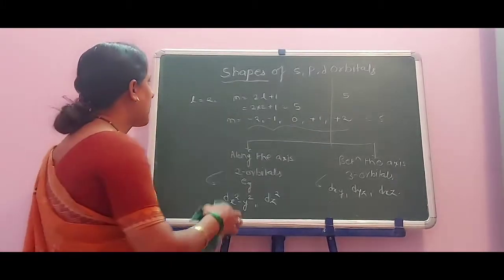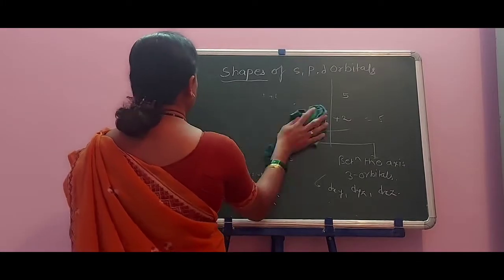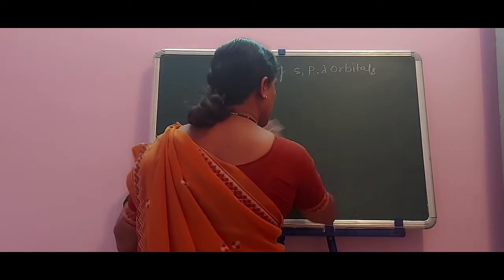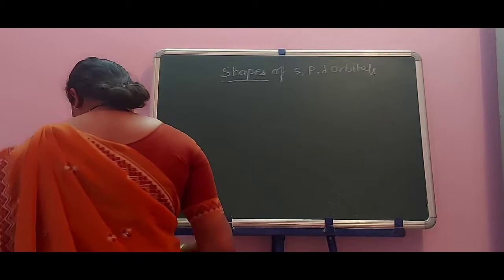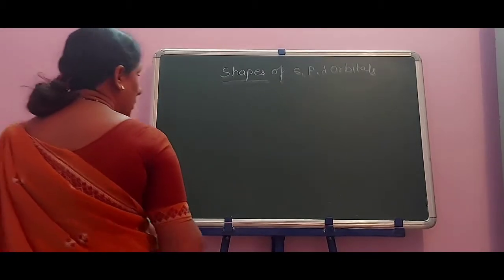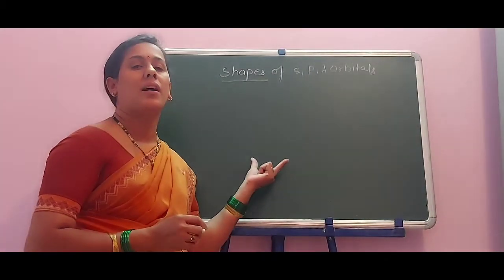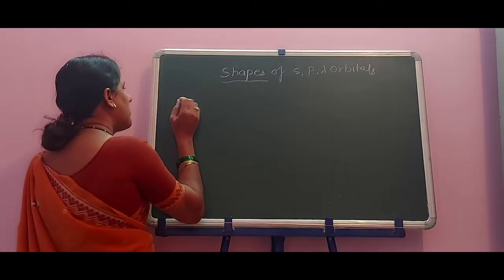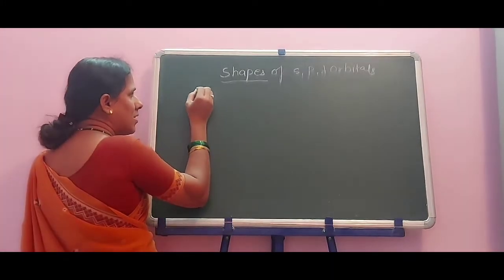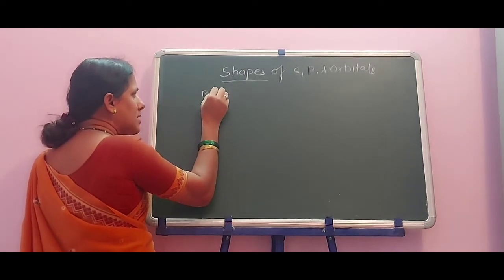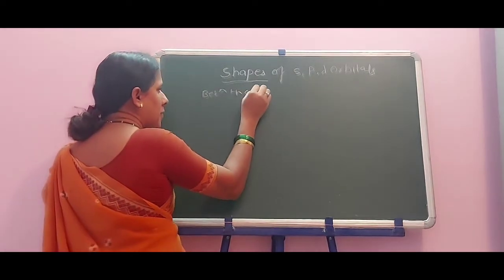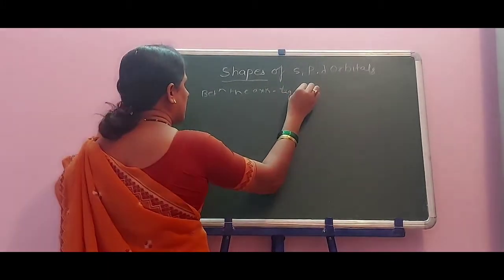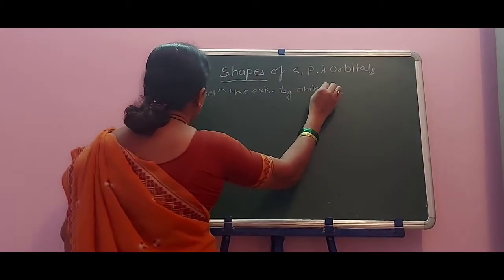See here. In drawing the 3 orbitals, I will draw only the 2 axes. First is between the axes, that is called the T2g orbitals. See here.